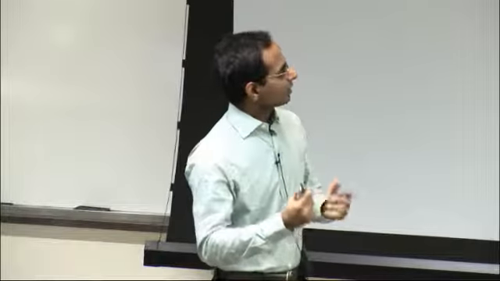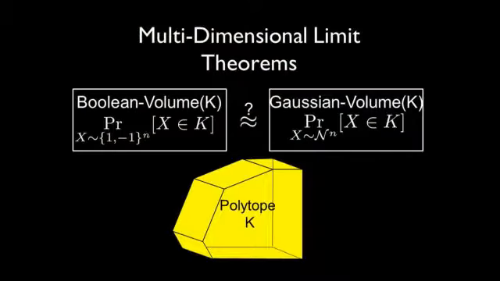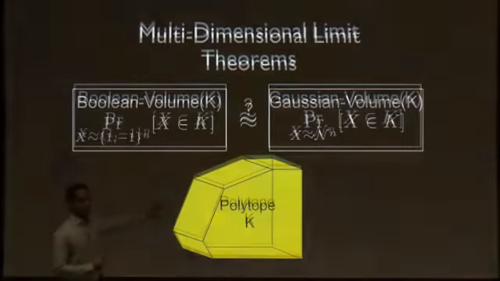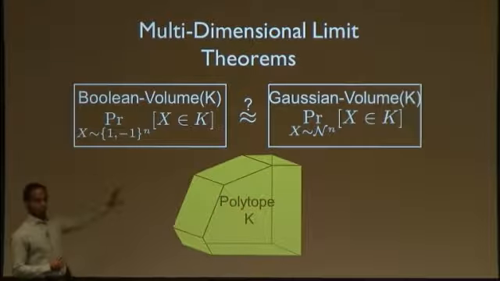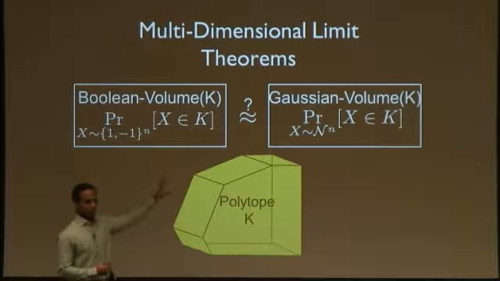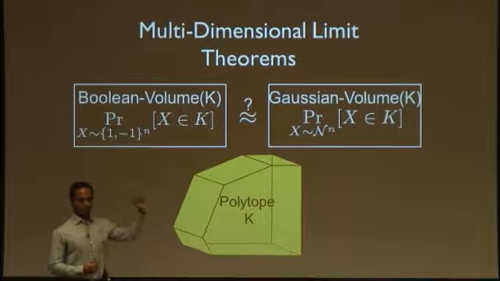This leads to the question of a central limit theorem for polytopes. You have a polytope in n dimensions, and we'd like to know if the Boolean volume of the polytope, which is the probability that a random plus or minus 1 point lies inside the polytope, is close to the Gaussian volume, which is the probability that a random Gaussian vector lies inside the polytope.